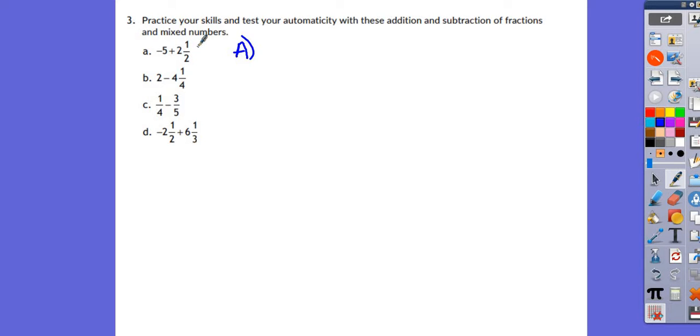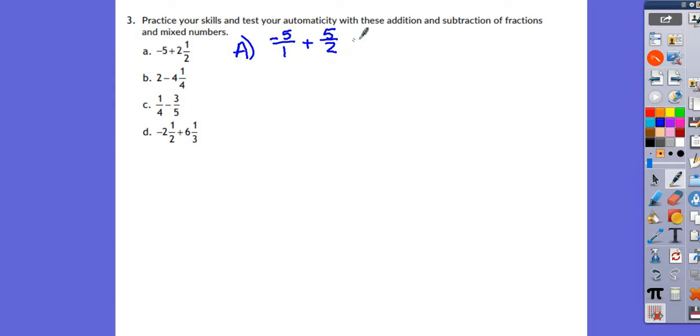All the fractions, adding or subtracting, I have to have common denominators. So right now I have a negative 5 over 1. I'm going to change this to an improper fraction. 2 times 2 is 4, plus 1 is 5 over 2. I don't have common denominators yet.